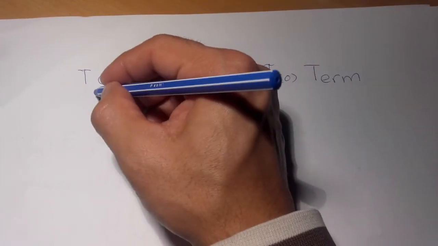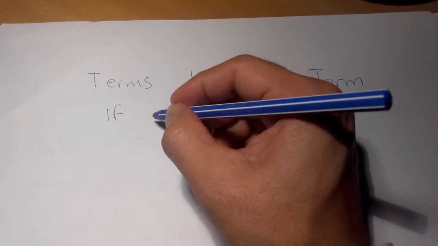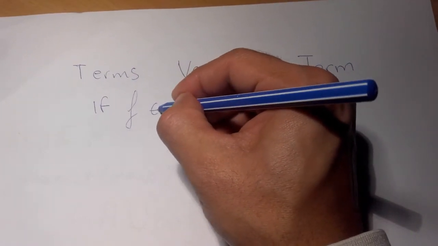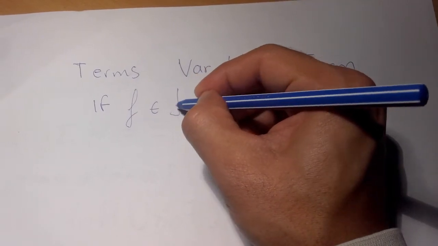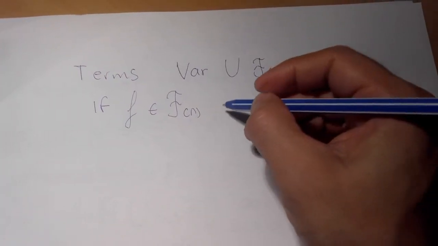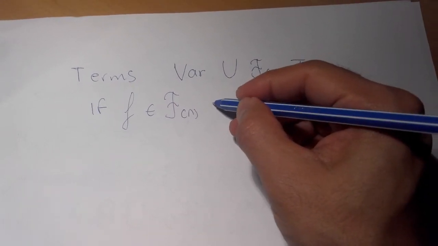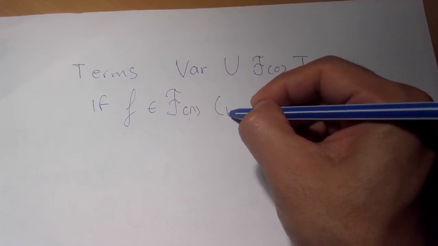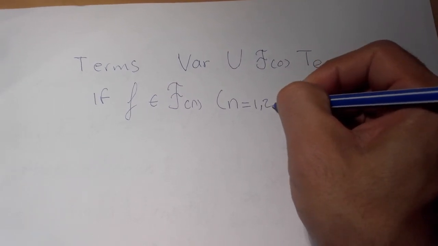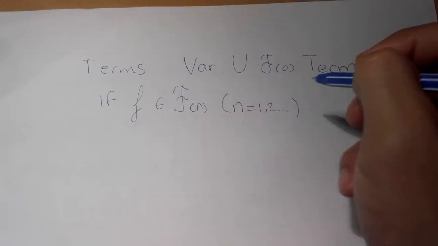For an example, if we have one function that belongs to this f, let's say 1 to the power n, and then we can say that n is 1, 2 to infinity.